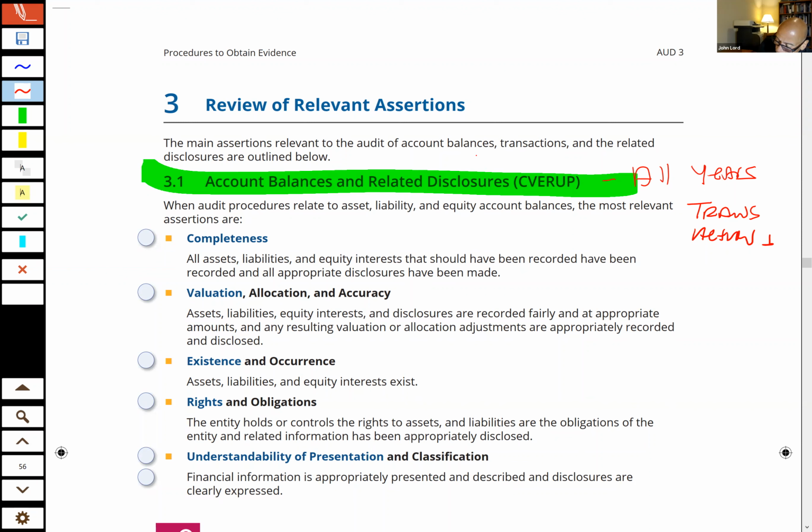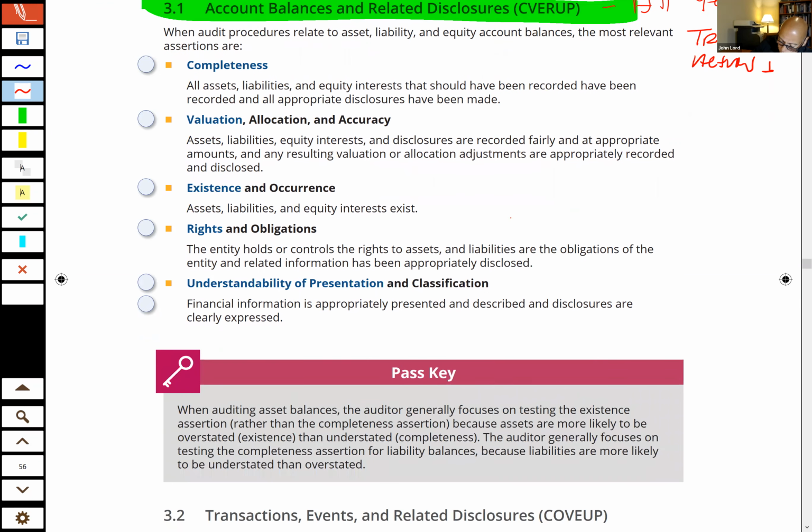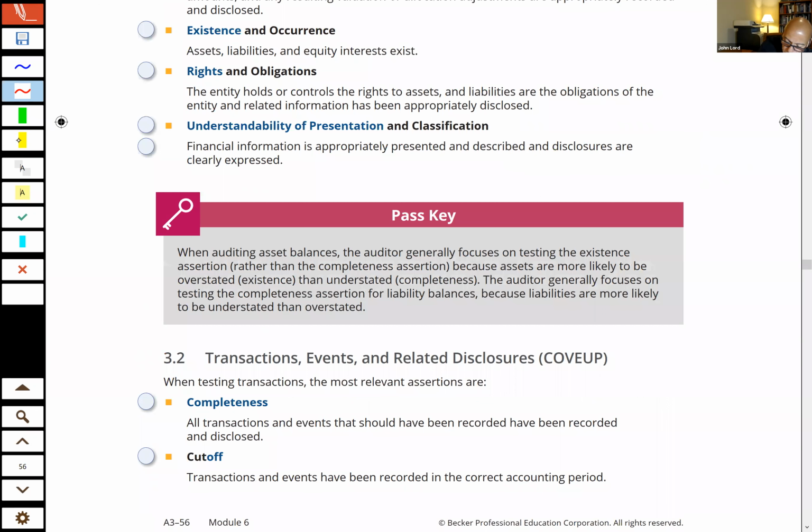So we're talking here that we're probably doing our testing from what? From the GL. Okay. Then we have transactions. That's pretty much the current year. So we're probably doing our testing from the journals, the current year.